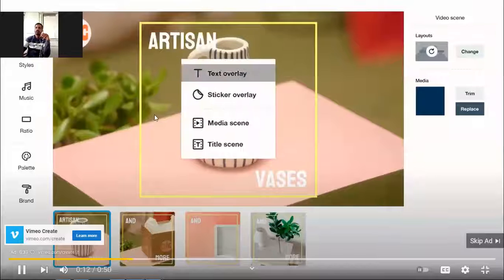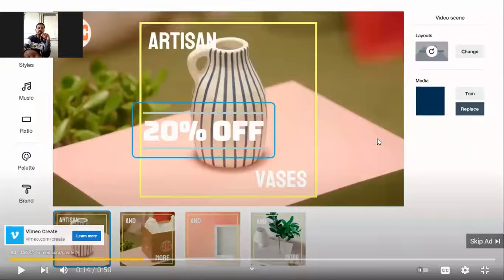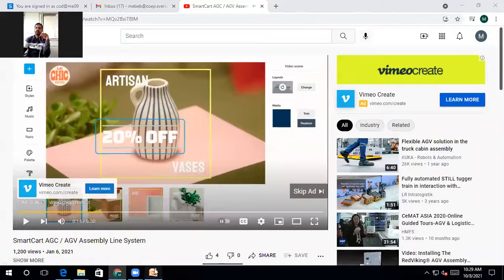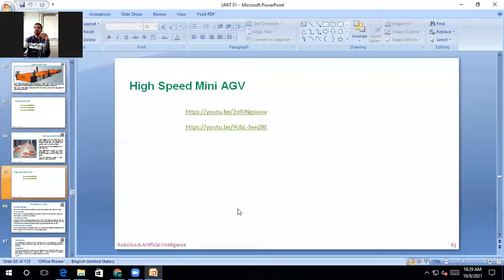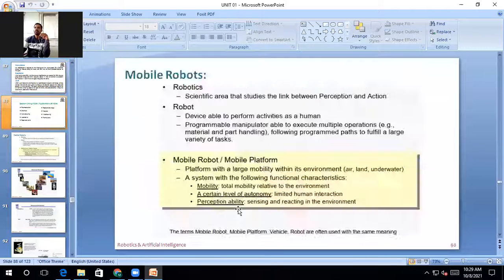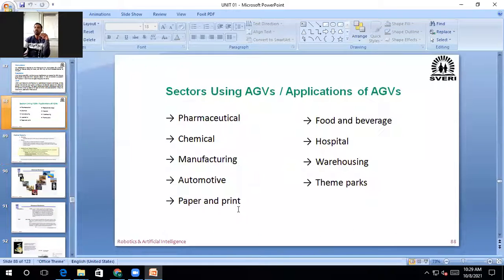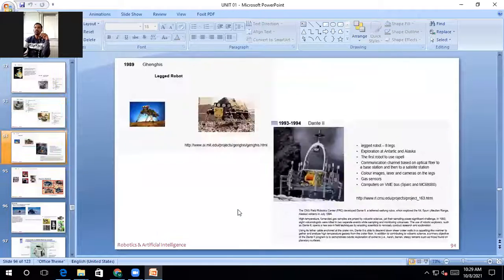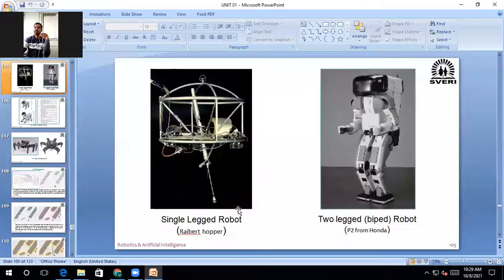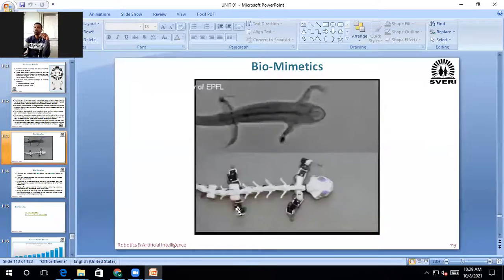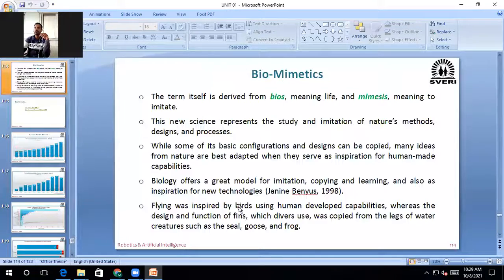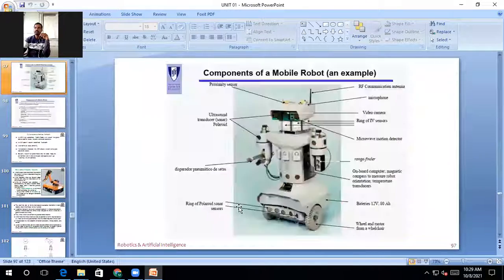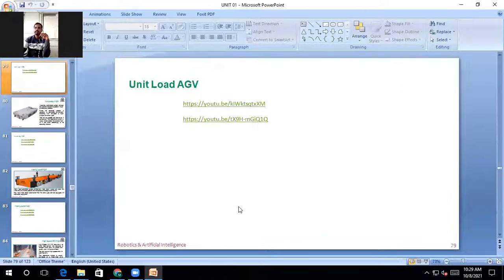Today we will finish this AGV part, and the remaining part is heavy load AGVs and high speed, and after that we will start with the mobile robot. Two points are remaining from the chapter. We will end it in a maximum of 2 to 3 lectures, so within 3 lectures we will end our first topic.